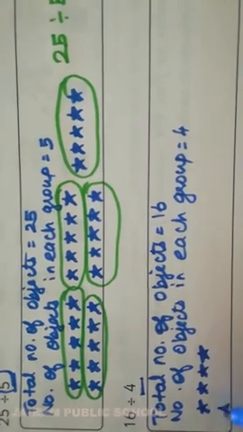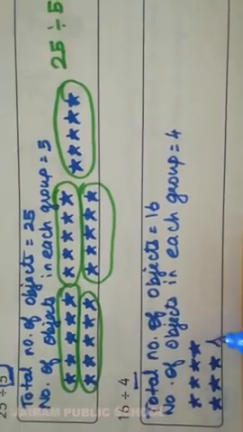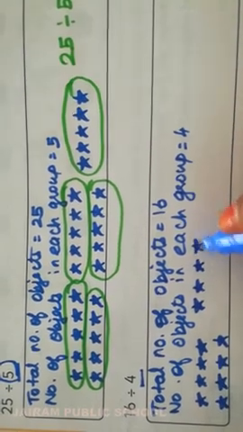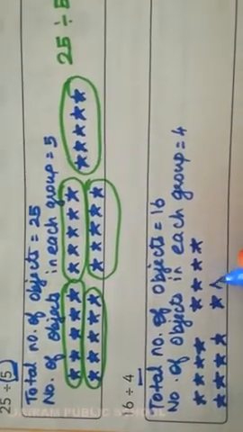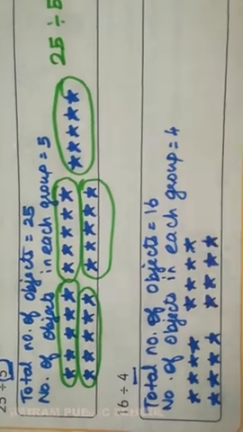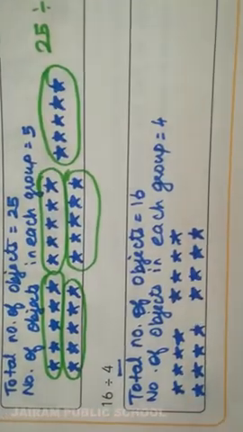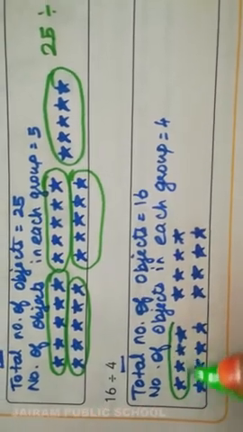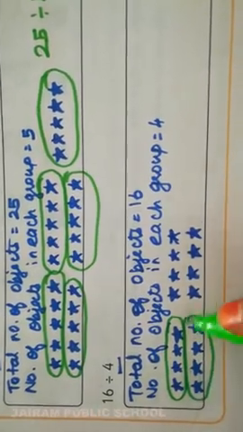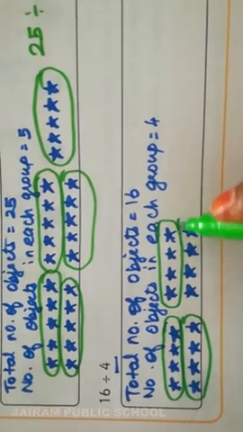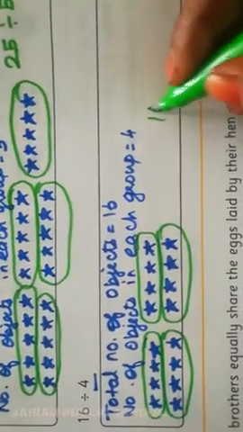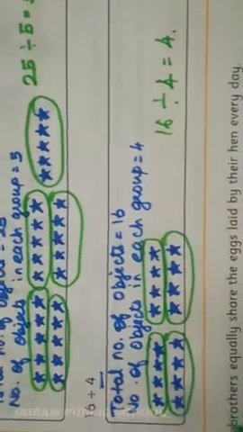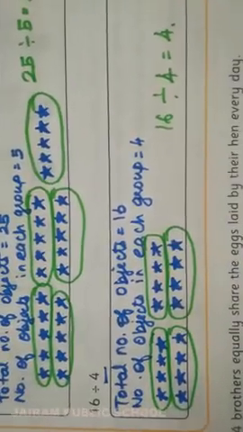Another set 5, 6, 7, 8. Next set 9, 10, 11, 12. Another set 13, 14, 15, 16. We will draw 16 stars. Each group consists of 4 stars. Now we will group them. 1, 2, 3, 4. Totally 4 groups are there. So 16 divided by 4 equal to 4. Like that we have to find the number of groups, children.